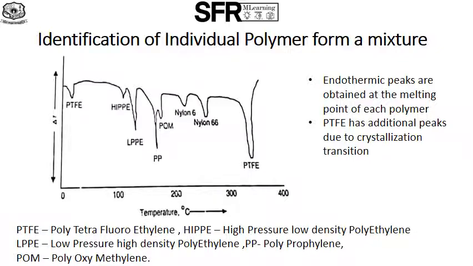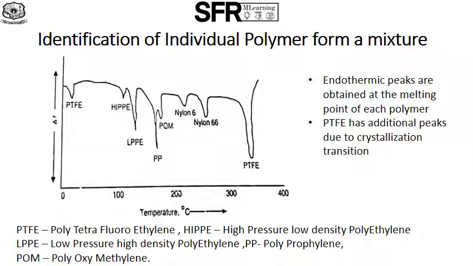We are able to identify individual polymers from a mixture of polymers. The graph here represents the DTA curve of a mixture of polymers. We can see various endothermic peaks. The endothermic peaks are obtained at the melting point of each polymer. But we can notice two endothermic peaks for PTFE. PTFE represents polytetrafluoroethylene, because the first peak is due to melting point, the second peak is due to crystallization transition.